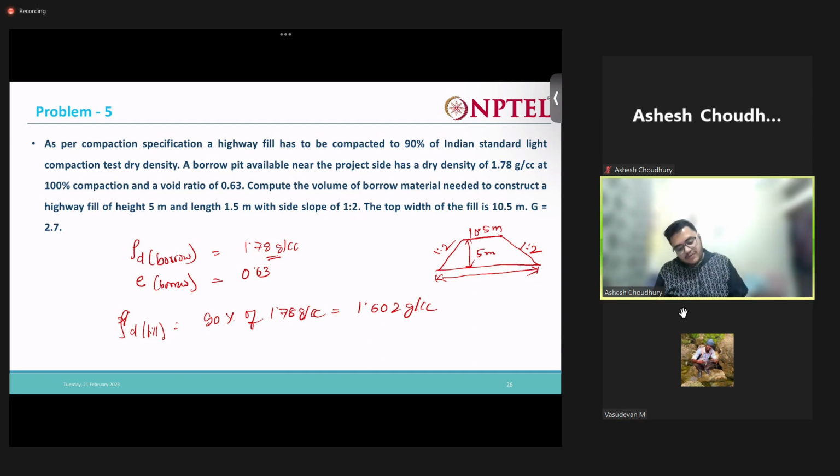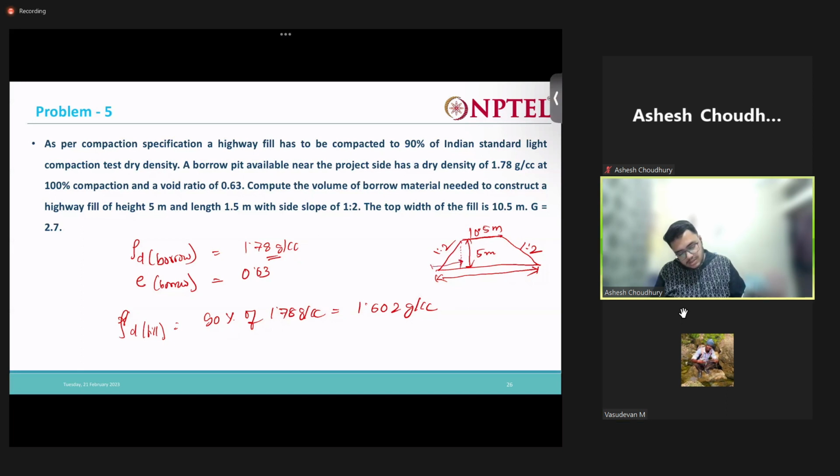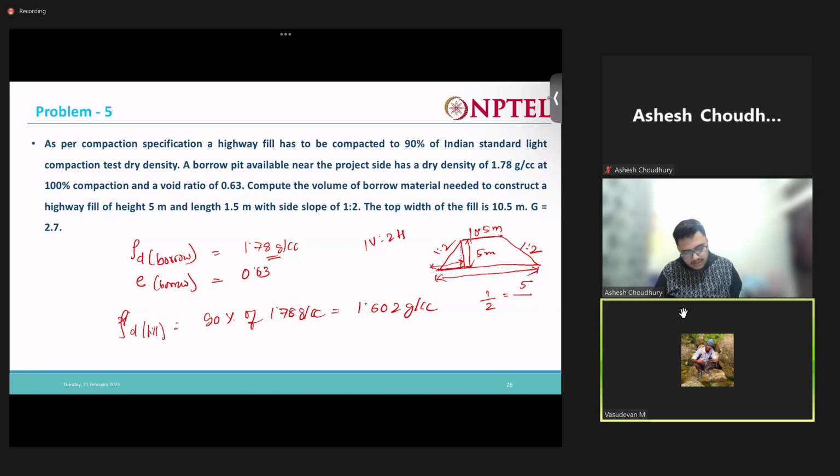See, this slope is given, right? So from this slope, you can know this distance. 1:2 means 1 vertical to 2 horizontal. So if you write 1 by 2, you can write 5 by this distance from here to here, say I call it x.